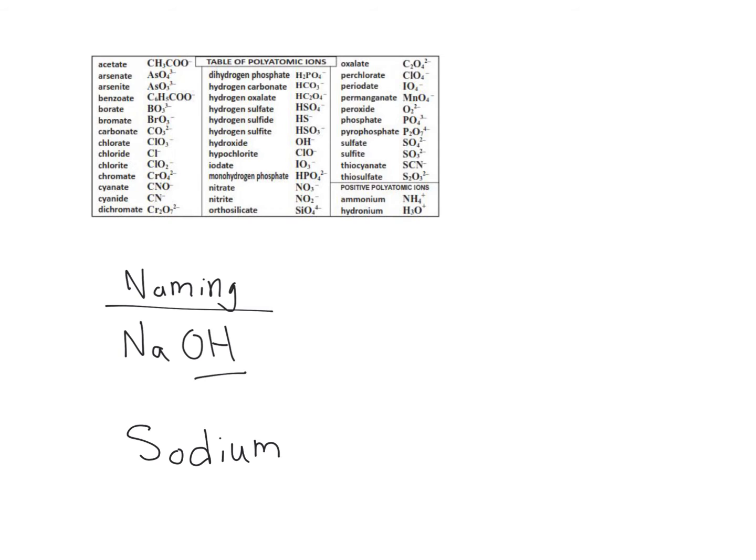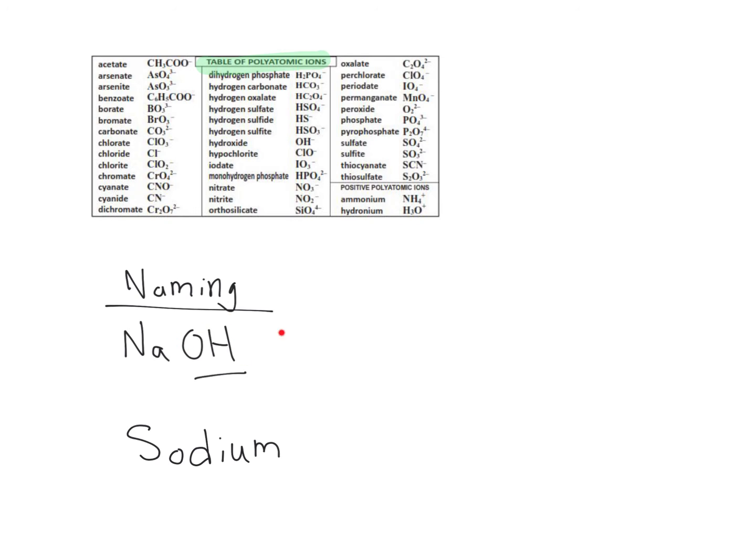But in this case, we are working with polyatomic ions, and they have special names. We need to rely on our table of polyatomic ions up here. So what I am going to do is search my table for basically what matches my formula.